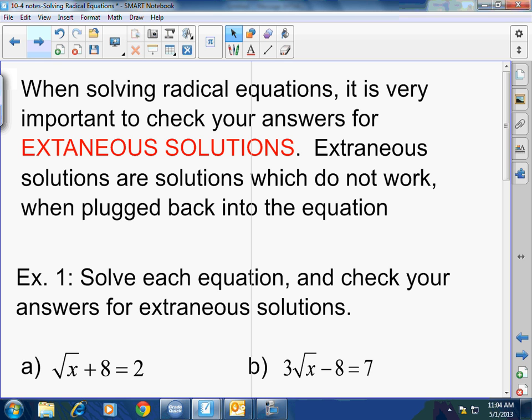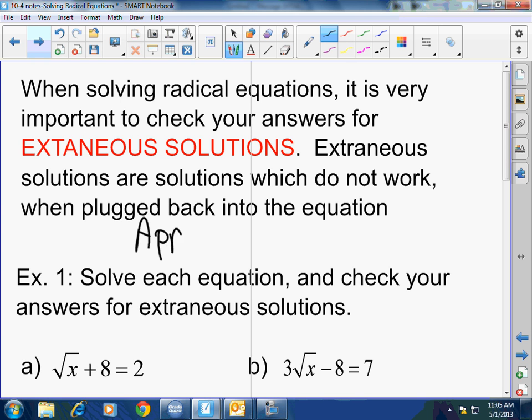Now, when solving radical equations, you have one extra step to do as well. It is very important to check your answers for what we call extraneous solutions. Extraneous solutions are solutions which do not work when plugged back into the original equation. When you solve radical equations, sometimes you'll get one answer, sometimes two. The answers that you get are called apparent solutions.